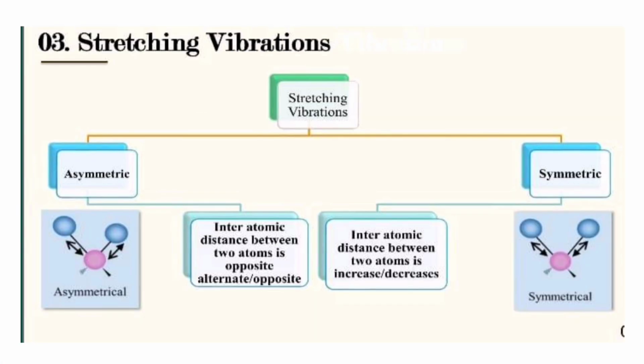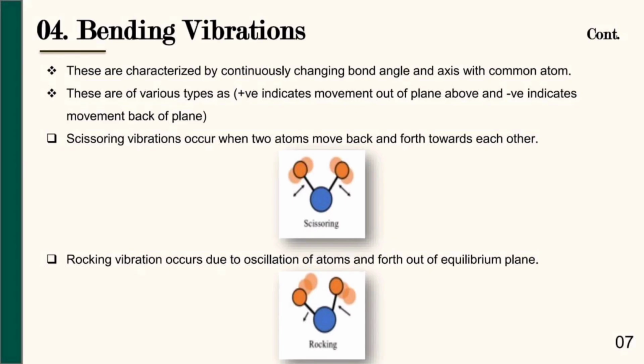Stretching vibrations. There are two stretching vibrations: asymmetric and symmetric. In asymmetric, the interatomic distances between the atoms change in opposite directions, and in symmetric, the interatomic distance between two atoms increases or decreases together. Bending vibrations are characterized by continuously changing bond angles and axes with a common atom.